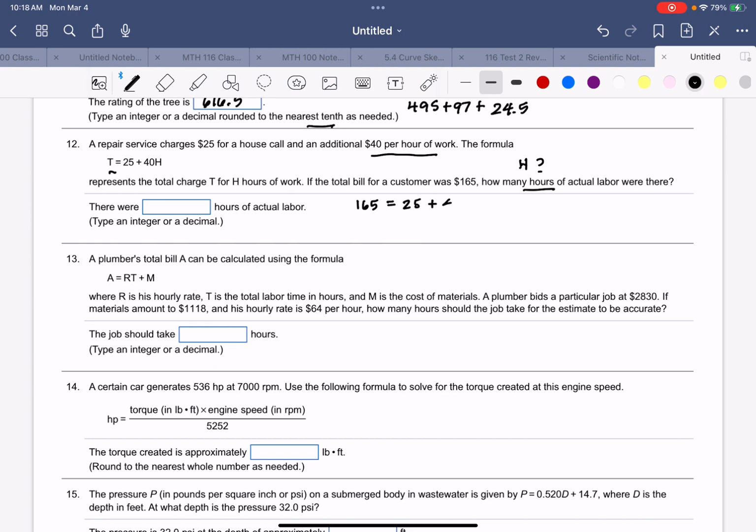So this is one where we have to actually solve for our H. So the first thing we would do is undo this addition by subtracting from both sides. That gives me 140 is 40H. And now the opposite of multiplication is division. Divide by 40. 140 divided by 40 gives us H is 3.5. So 3.5 hours is the total number of hours of labor.